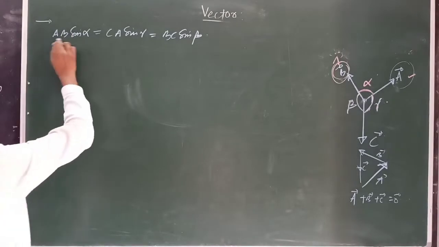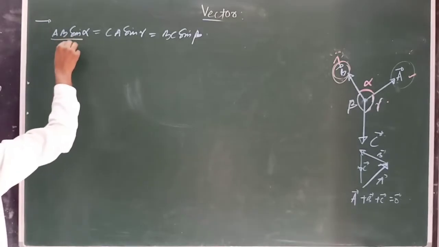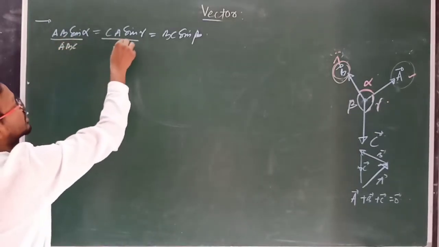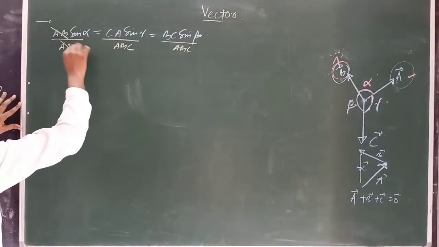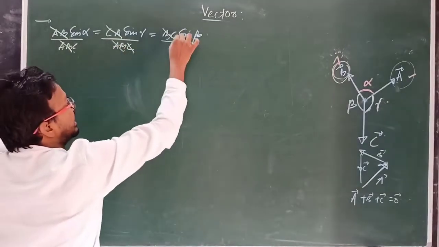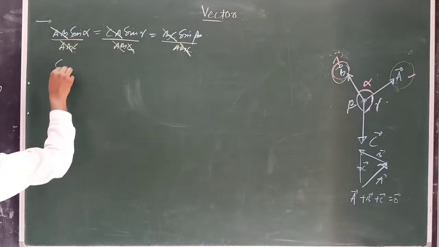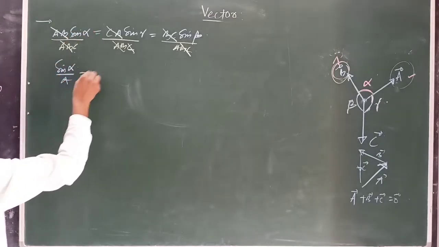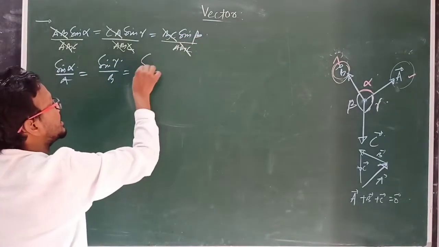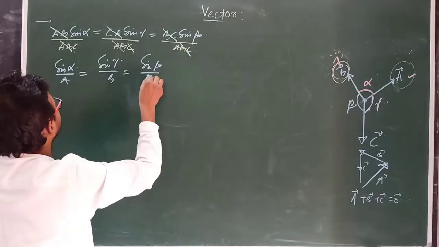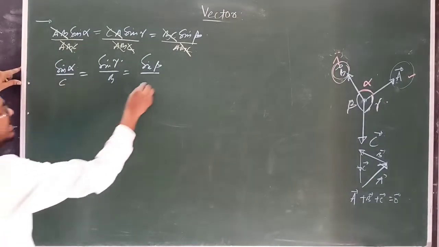If we divide here by ABC, ABC, and here also ABC, then AB cancels, CA cancels, and BC also cancels. The remaining terms: AB sin alpha divided by ABC gives sin alpha divided by C, equal to sin gamma divided by B, equal to sin beta divided by A.